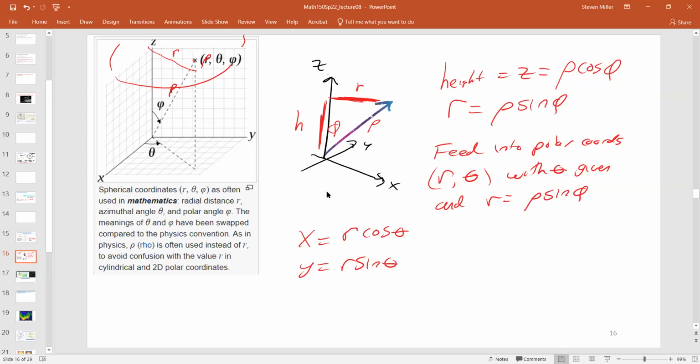Because now we can just use polar coordinates. Now we use r and theta. So we basically reduced the radius by a factor of sine phi, and we'll get x is r sine theta becomes rho sine phi cosine theta, and y is going to be rho sine phi sine theta, and from before, z was just equal to rho sine phi.